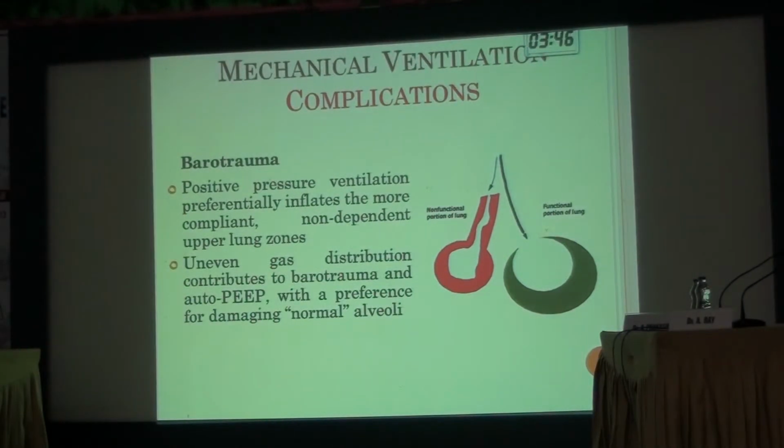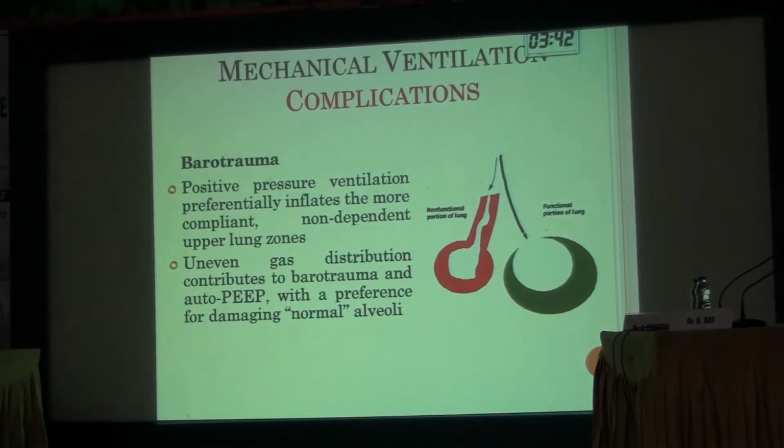Now, the complications of mechanical ventilation: there are many actually, and that is the message I wanted to get across to all of you, that mechanical ventilation is a life-saving measure, but it has its own demerits as well. So it's not that if you put a patient on mechanical ventilation, only good is going to happen. Many bad things are also going to happen, and that should always be kept in mind.